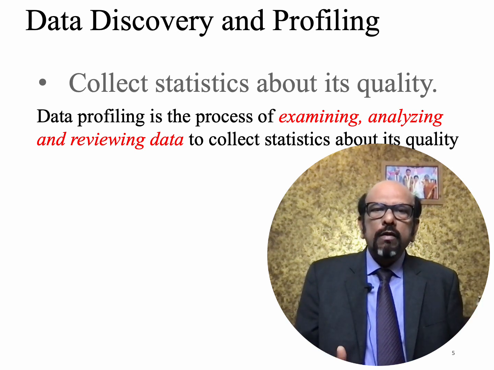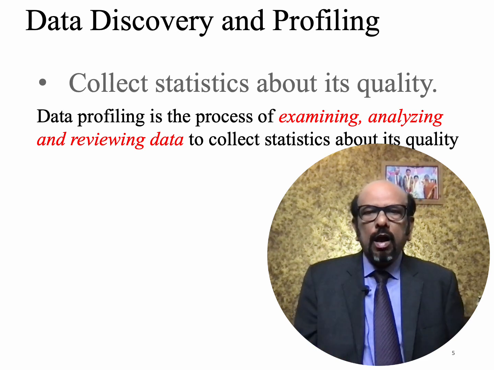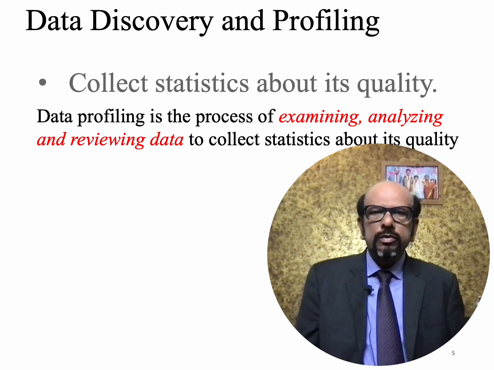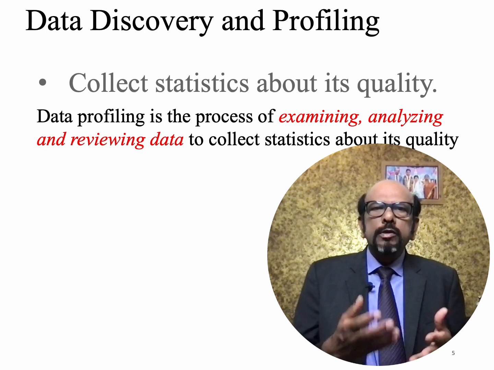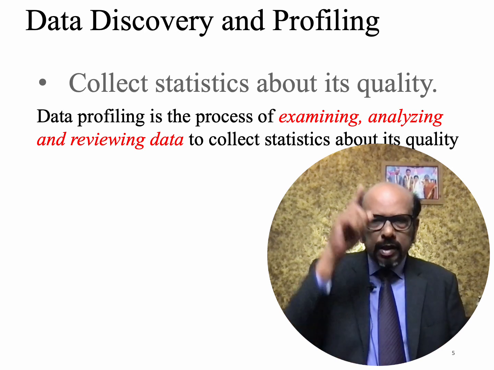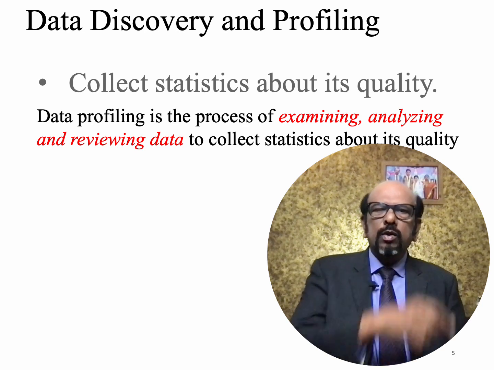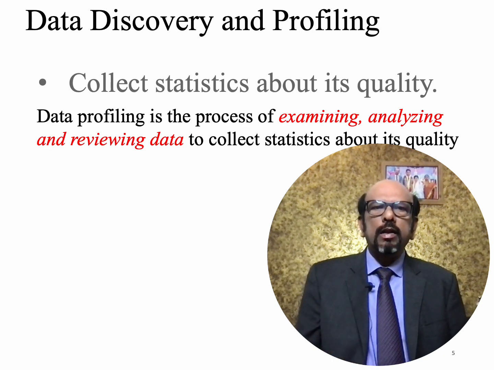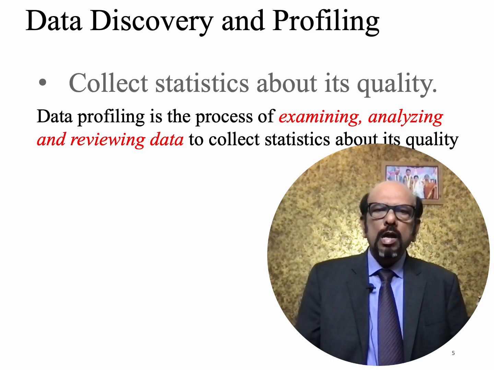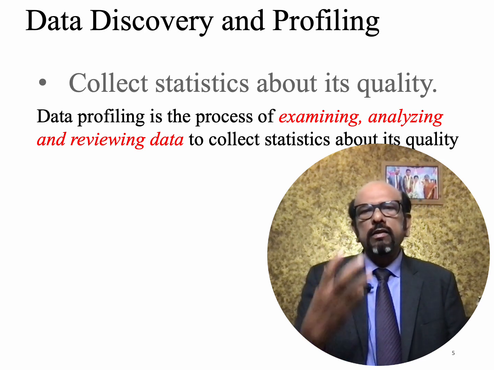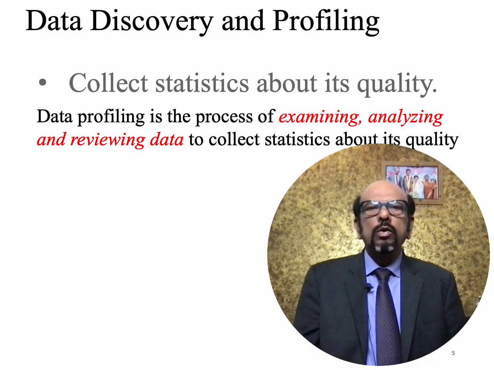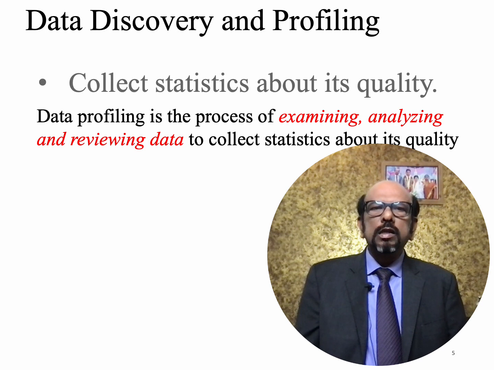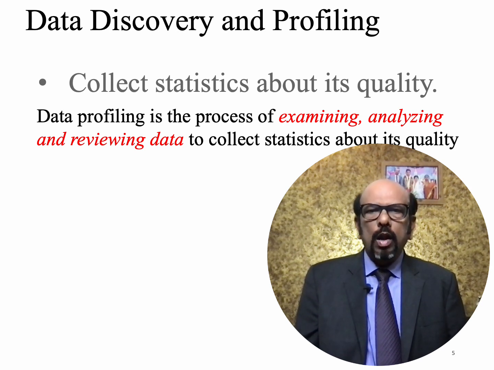Try to find out the mean of the column, find out the minimum, find out the range. If the minimum happens to be 0, it means for some of the records, the body mass index is 0. Find out how many have zeros. Check how to correct it. So it is about understanding the meaning of each of the column, each of the value, and make sure that they are corrected. So what is it? Collect statistics about its quality.